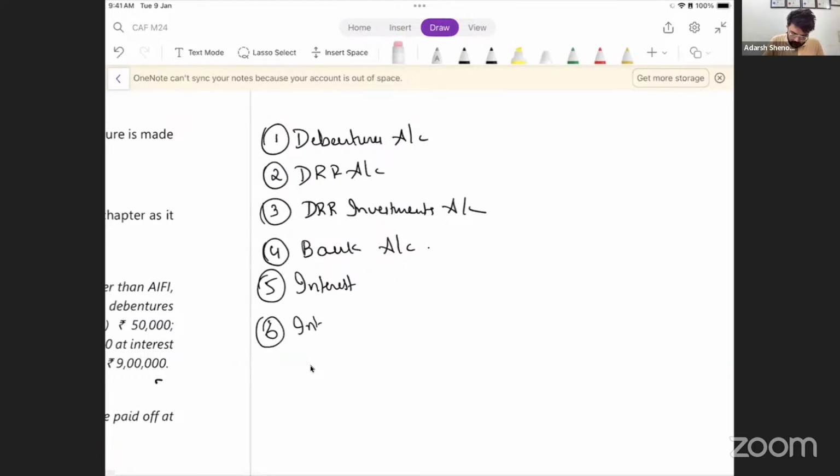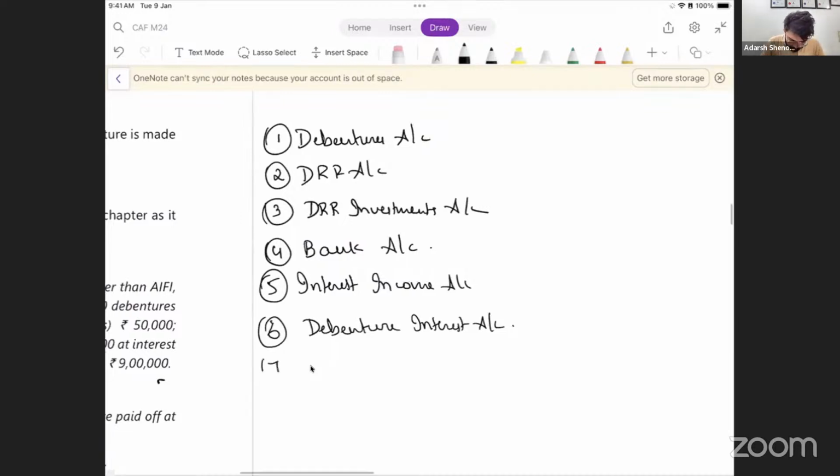Interest income basically. When I say interest received account, I'm referring to interest income account. Just for 2 months, I will have to calculate how much interest I will have to write in that account. Debenture interest account. Then redemption.